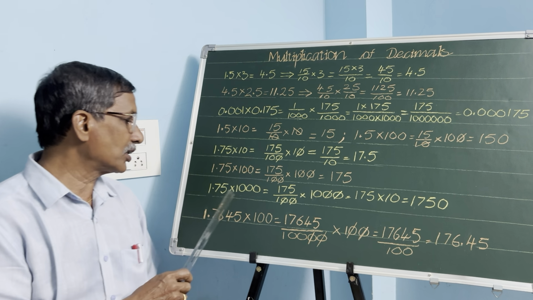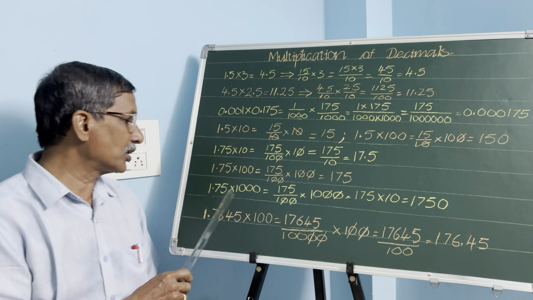So 3 zeros after 1. You simply multiply 1.75 by 1 and the point should be moved 3 places. But here we have only 2 places. So to fill the third place you write 0. So it is equal to 1750.0 or 1750.